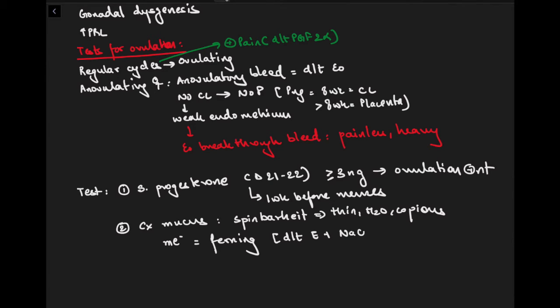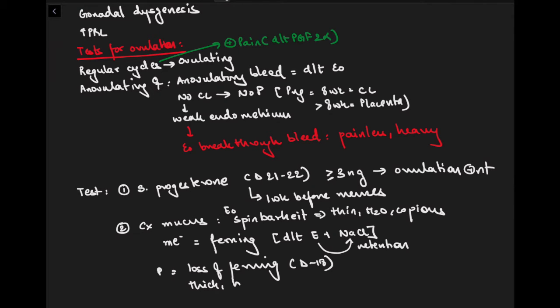Also, it's not just estrogen, it's estrogen plus sodium chloride because estrogen is responsible for salt and water retention. Under the effect of progesterone, there will be loss of ferning. This is best seen on day 18.